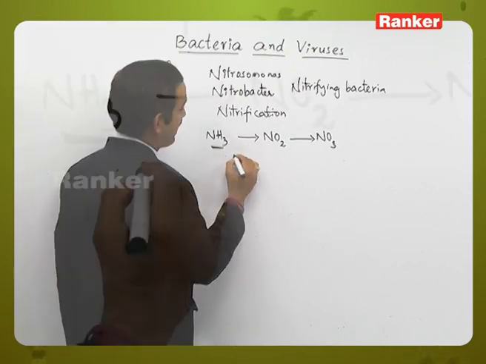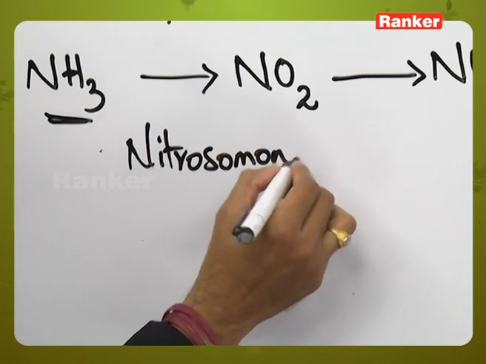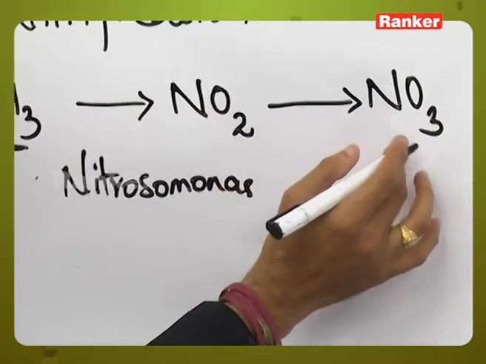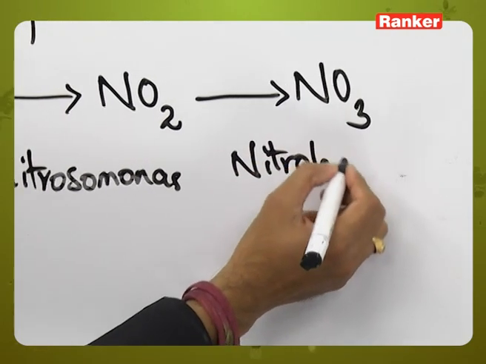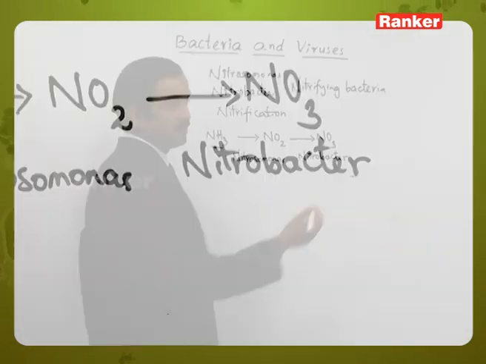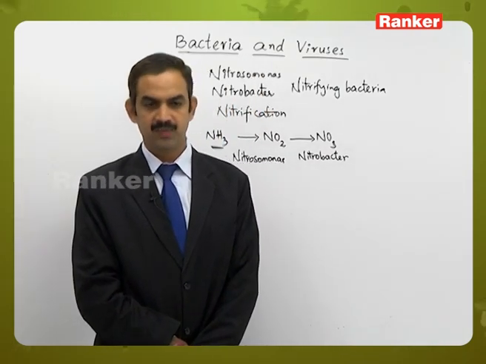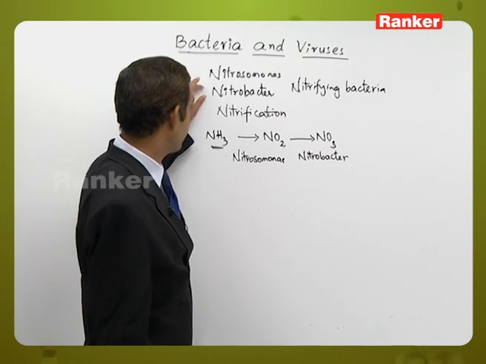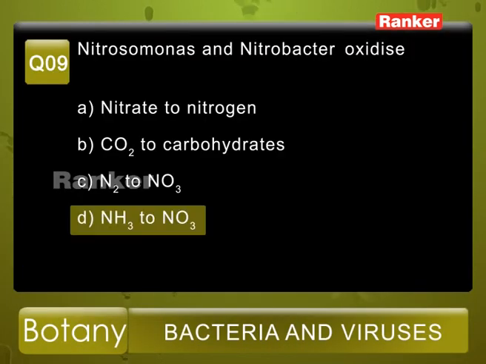Ammonia, when it is converted into nitrite, is done by Nitrosomonas, and nitrite, which is converted into nitrate, is done by Nitrobacter. So in the given options, ammonia to nitrate is the one where Nitrosomonas and Nitrobacter are participating in the process. So from the given options, option D is the correct answer.